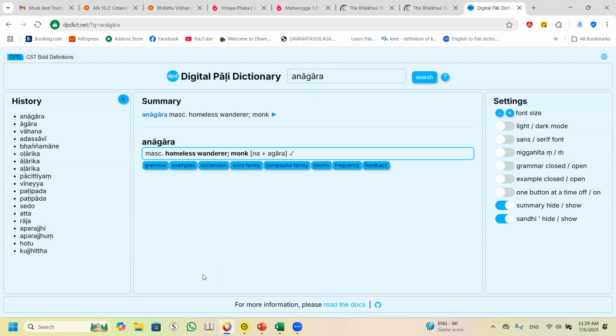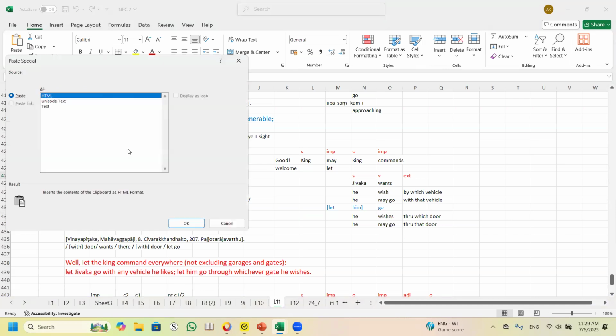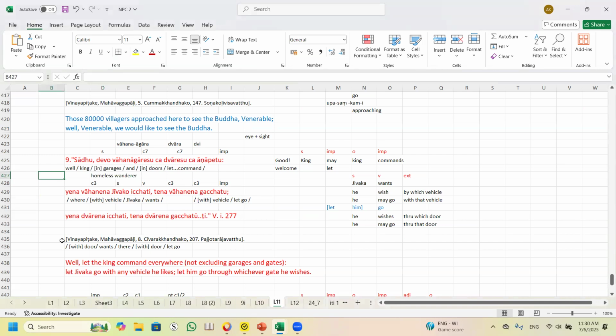So this word is homeless wanderer. We don't want to take it as a noun. We take wanderer first. Why do I have garage?